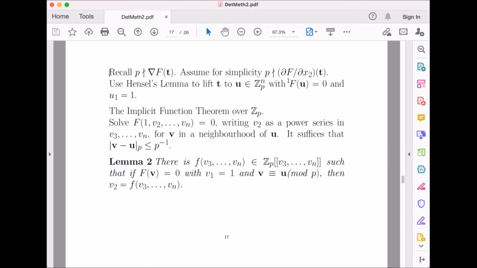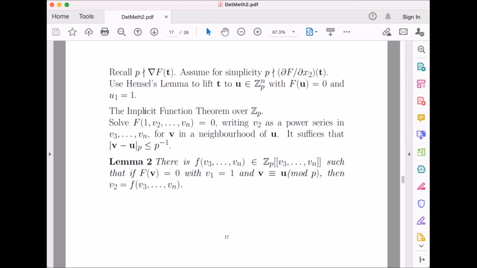So we've now got a point that actually lies p-adically on f equals 0. The point v is p-adically close, or congruent modulo p, to u.